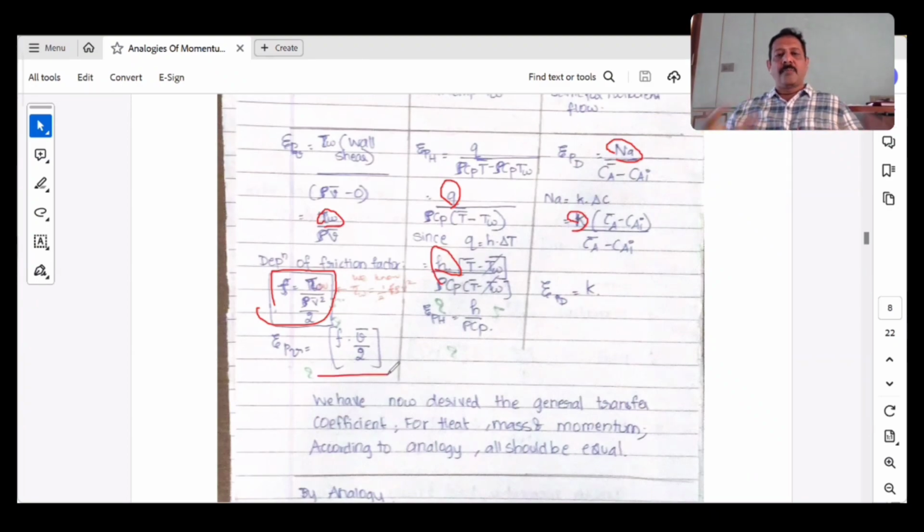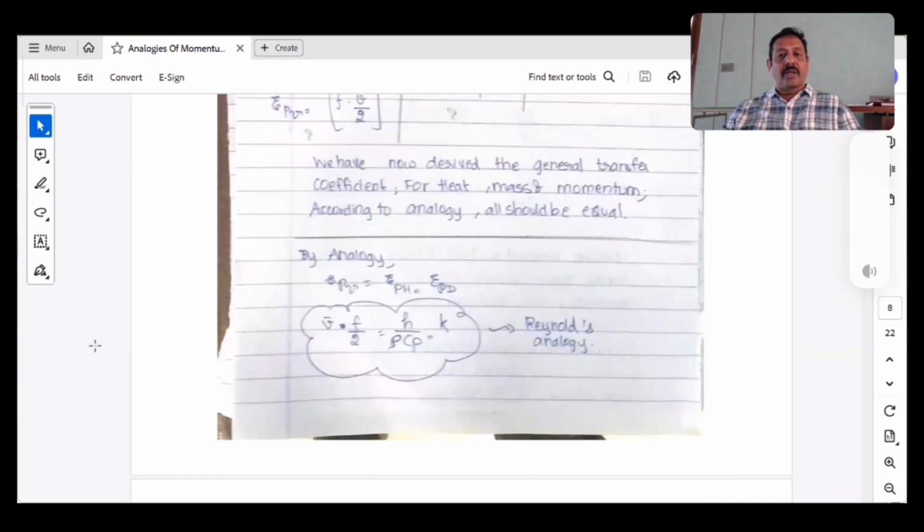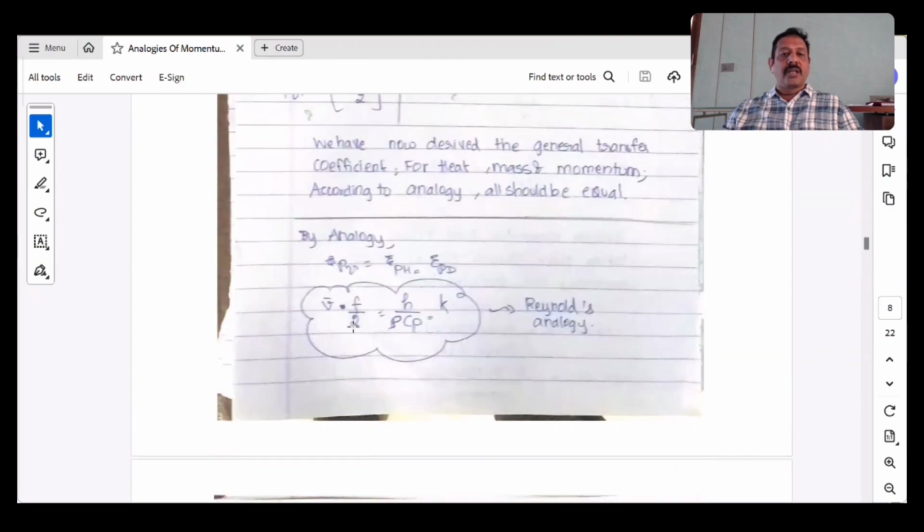And the important part of this analogy is that the momentum transport, heat transport and mass transfer are the same, all should be equal. So eta for momentum transfer, eta for heat transfer, eta for diffusion, mass transfer, everything is same. That's the important concept.